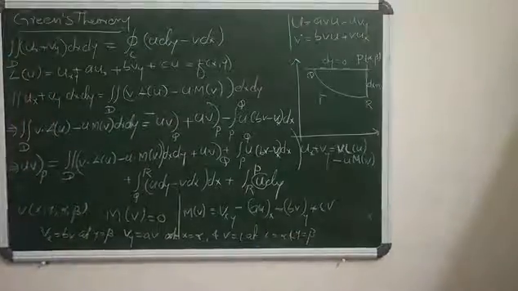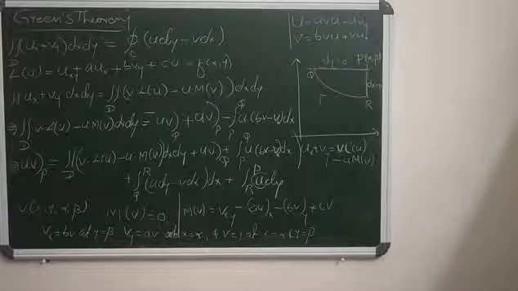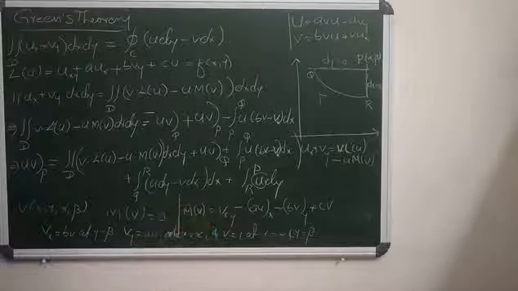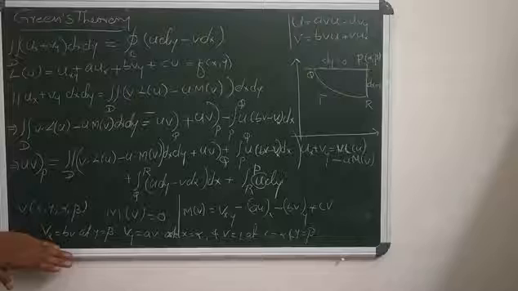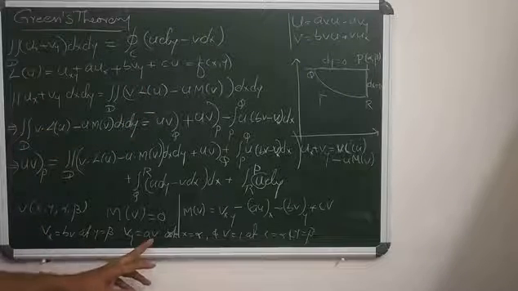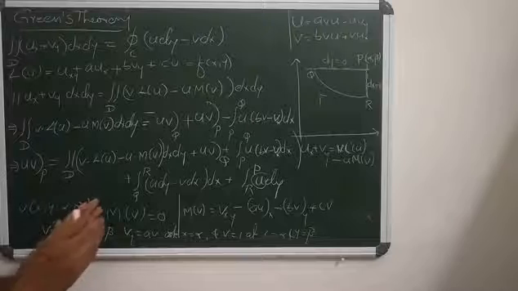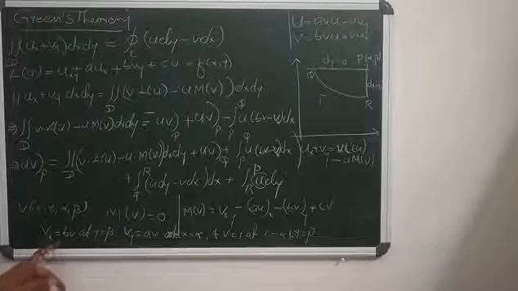Means you may introduce or consider this function vxy alpha beta, which satisfies the adjoint equation M of v equals 0, where M of v is nothing but vxy minus av of x minus bv of y plus cv, which satisfies these conditions: vx equals bv at y equals beta, vy equals av at x equals alpha, and v equals 1 at x equals alpha and y equals beta.